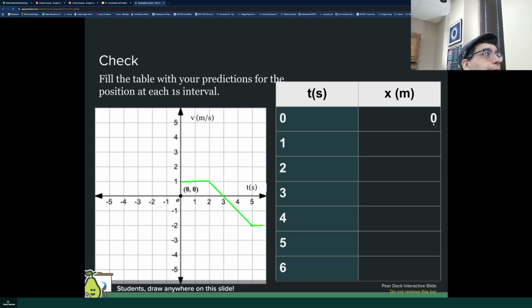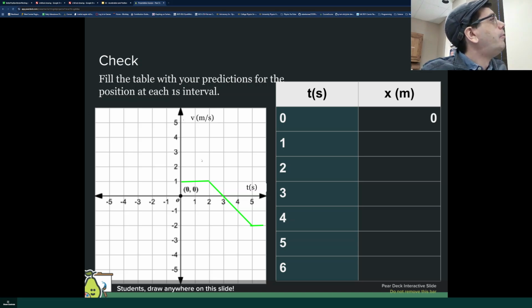So if I don't tell you a starting point, you can choose whatever starting point you want. In this case, I'm telling you we're going to start at 0. I'll just try to indicate it with my mouse, I guess.